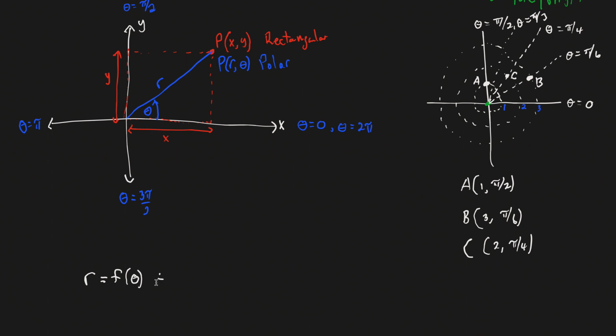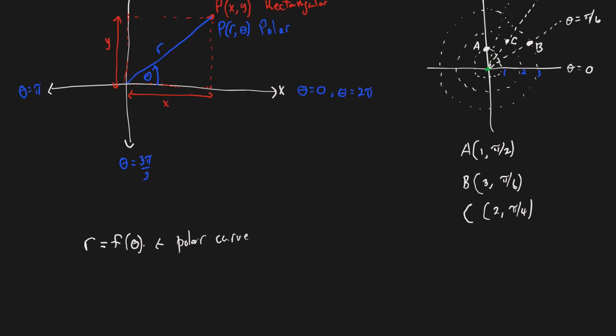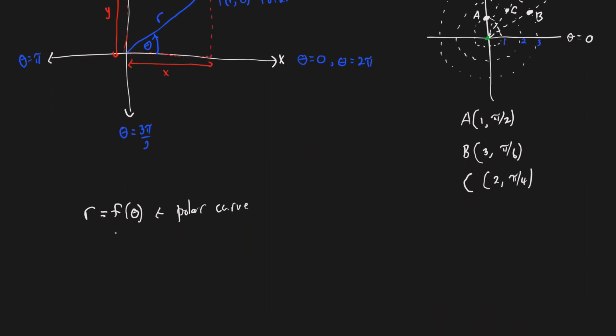When it's written like this, it's implied that r is dependent on theta. You'd pick your value of theta, which gives you one of your rays, maybe a special one or a not so special one. Then based on this function, you'd plug in theta, get your r, figure out how far you are from the origin, and plot that point.